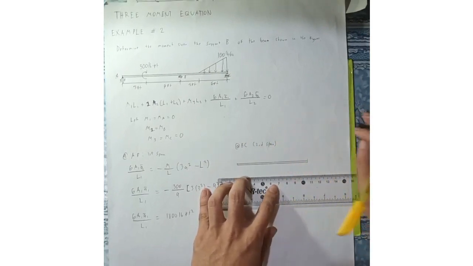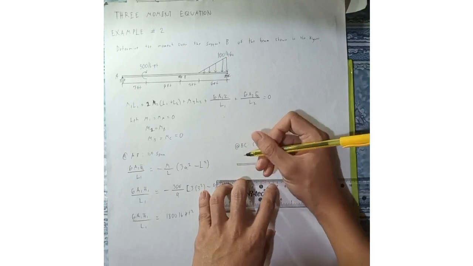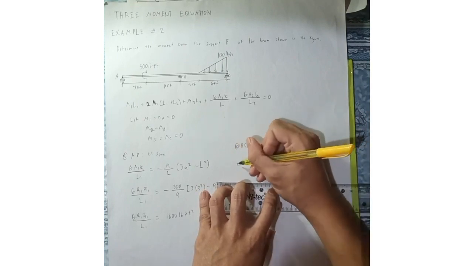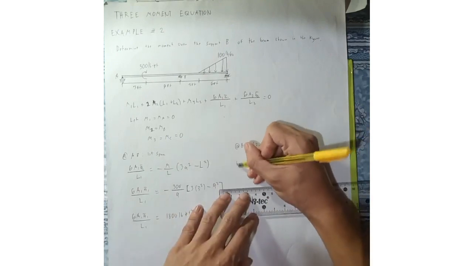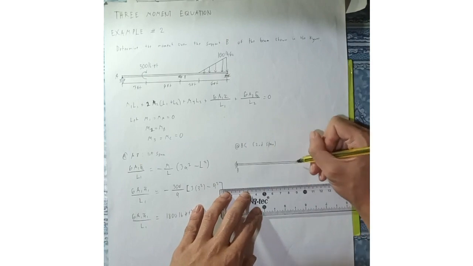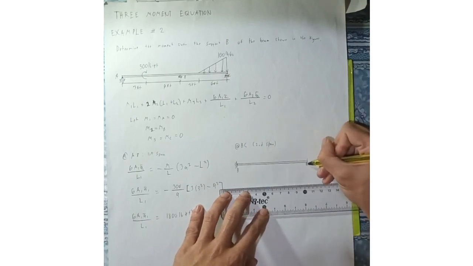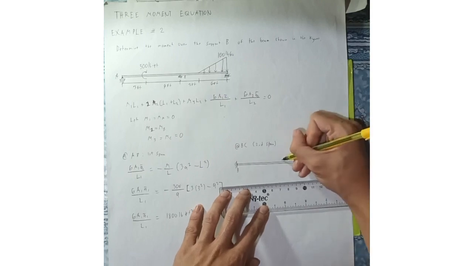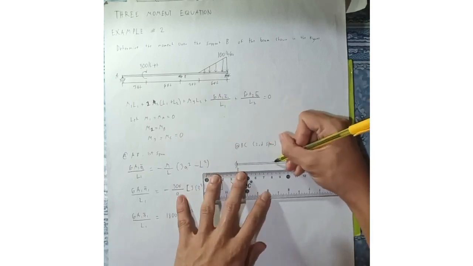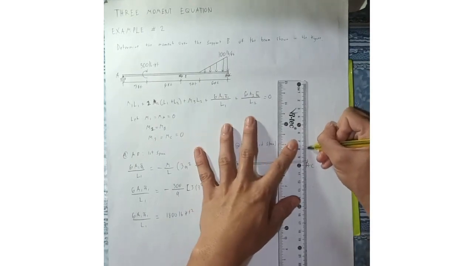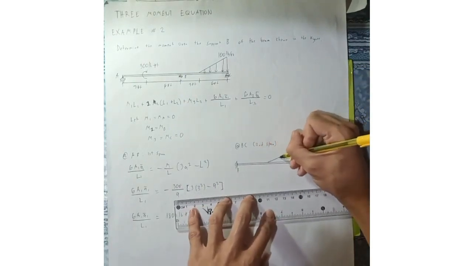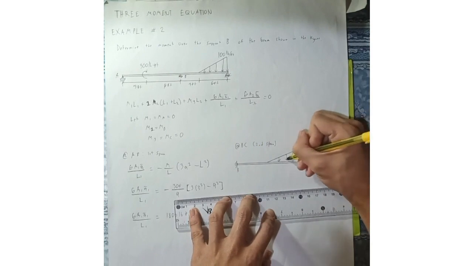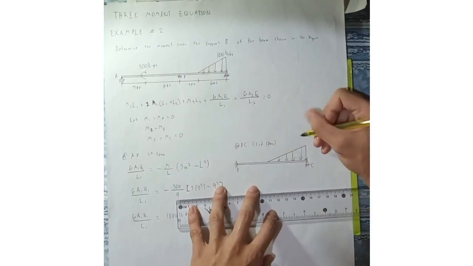Okay, so we have a roller at C, 100 pound-feet.